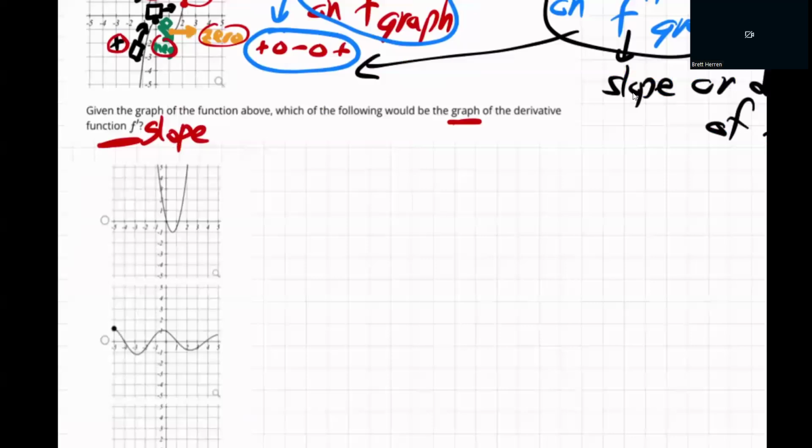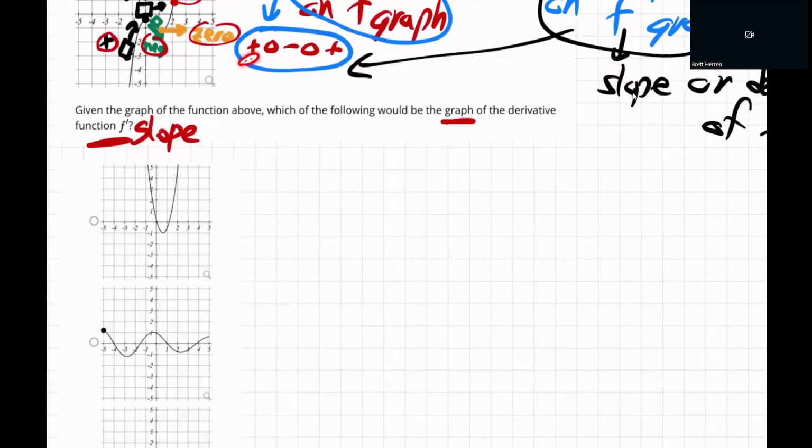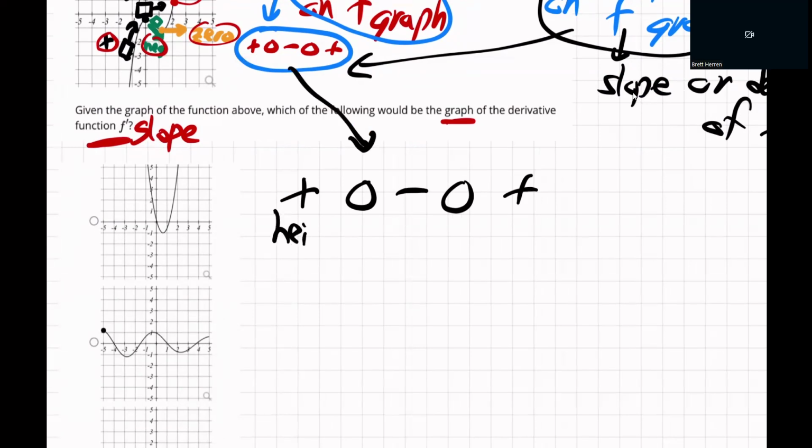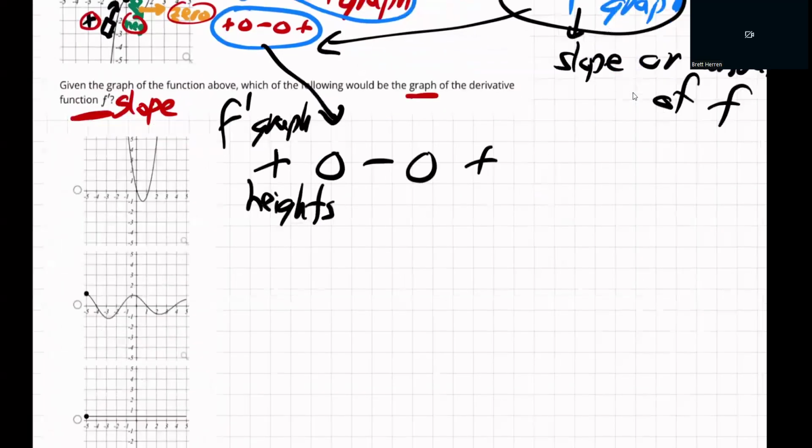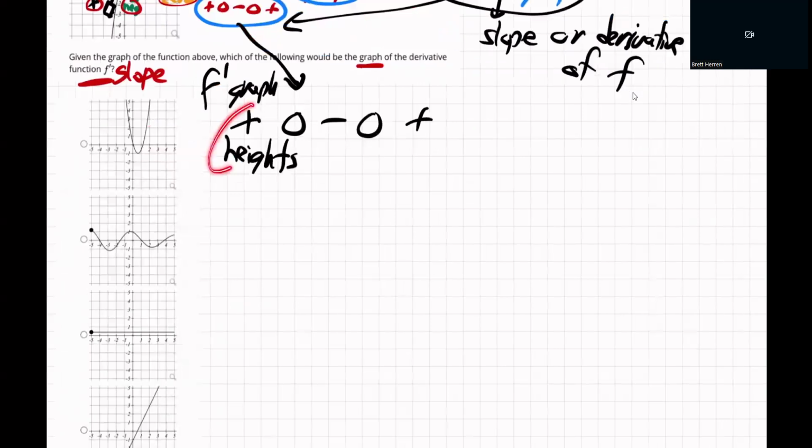Well, we're looking for a graph that starts out with positive height, and goes positive, 0, negative, 0, positive. These will be heights on the f prime graph. So which of these f prime graphs starts out with a positive height?